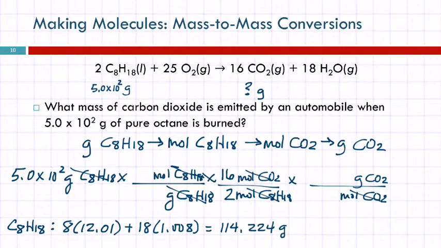And that would be grams of octane per mole of octane. That should have 4 significant figures. I'm going to let the 2 and the 4 trail along. They're not going to hurt anything.